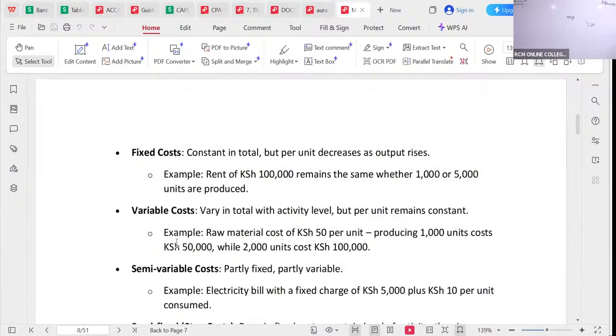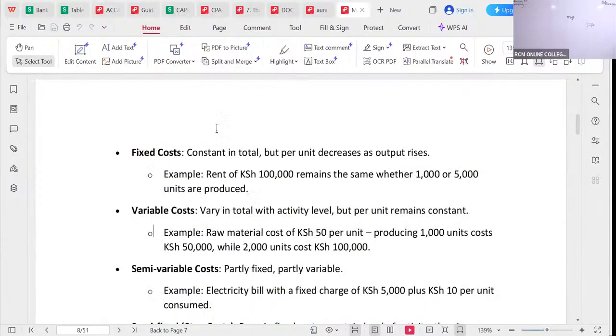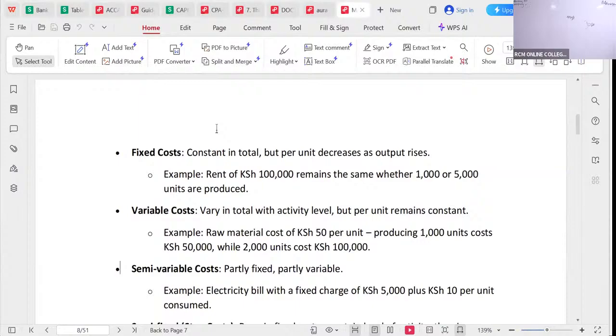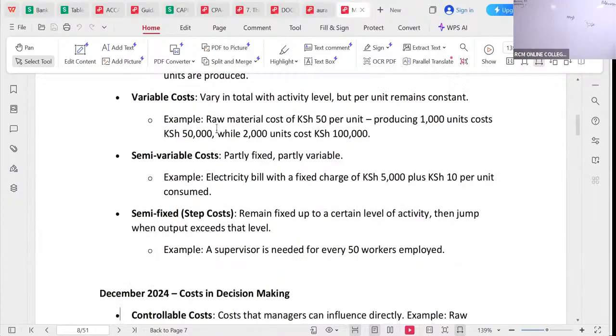Now we can go, ladies and gentlemen, to past paper questions. We start with April 2025, where they asked us about cost behavior. Basically they asked about cost classification according to behavior: fixed costs, variable costs, semi-variable, and semi-fixed, also called step costs.